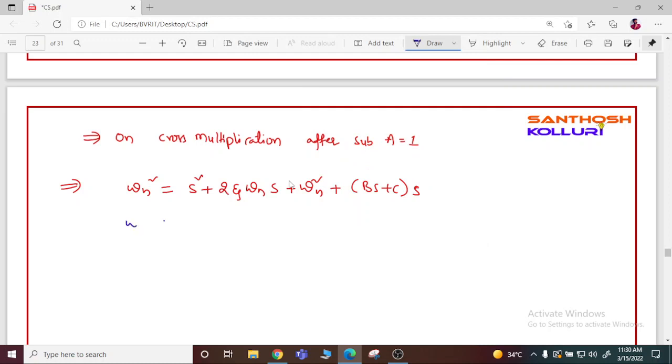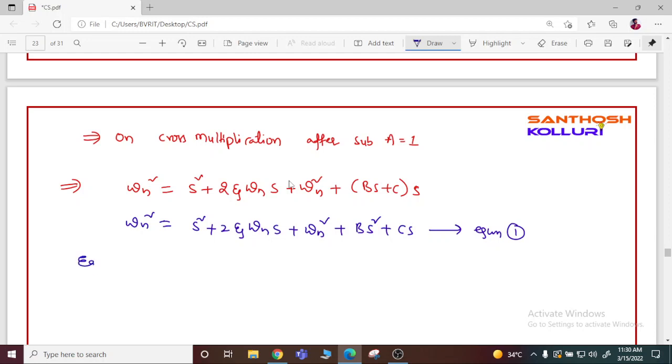Or I can further reduce this as s square plus 2 zeta omega n into s plus omega n square plus Bs square plus Cs. So this is the equation, let me take it as 1.